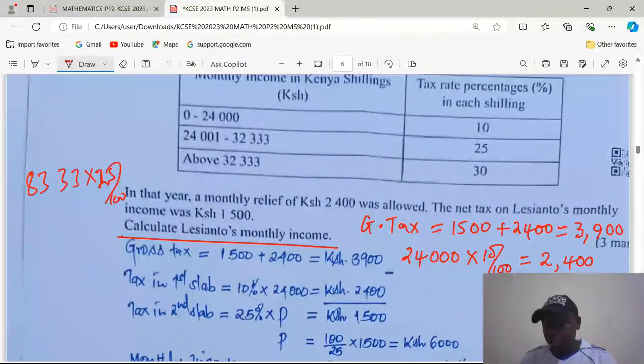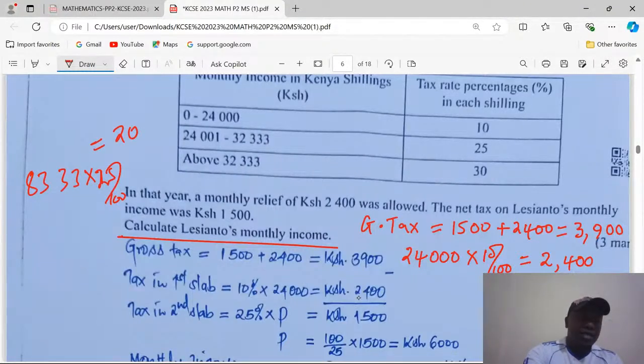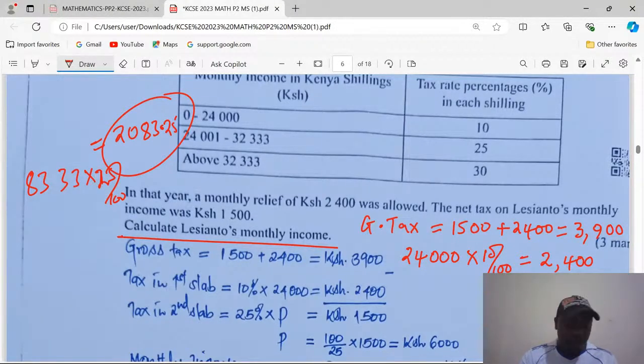When I multiply this by 25%, I'm getting a tax of 2,083.25. Which means now, when we add this to the first bracket of 2,400, we are going beyond 3,900.